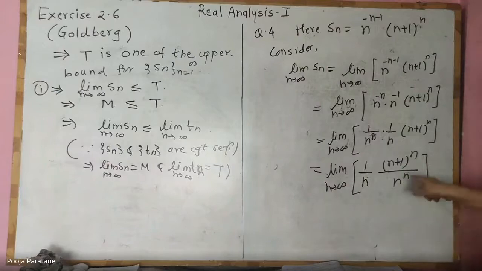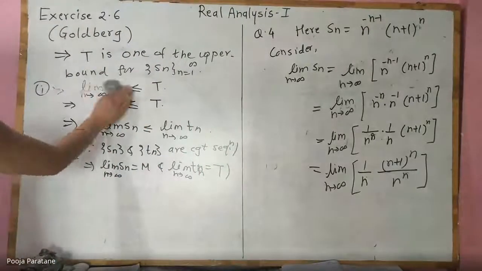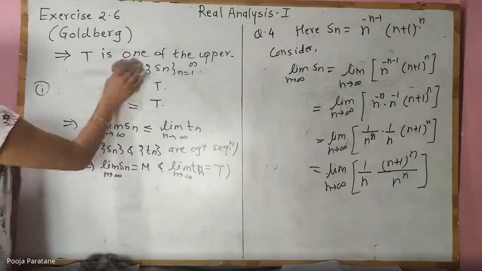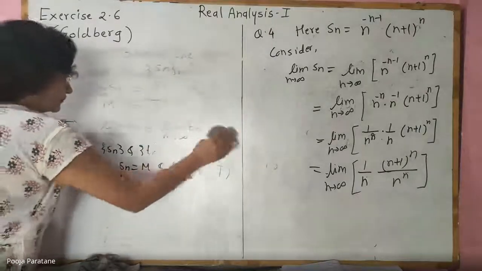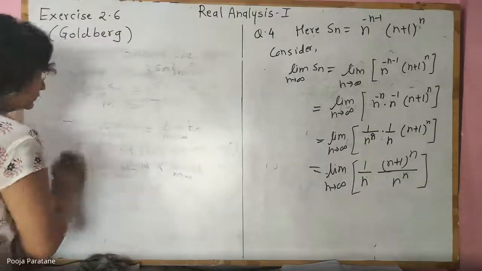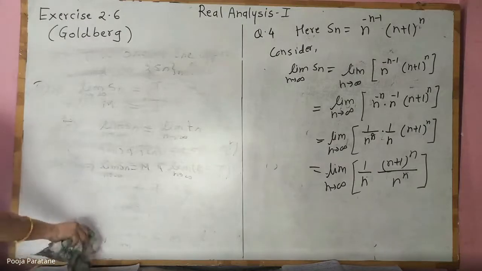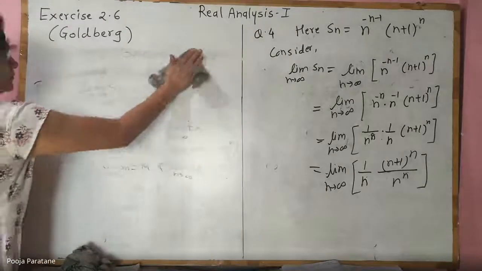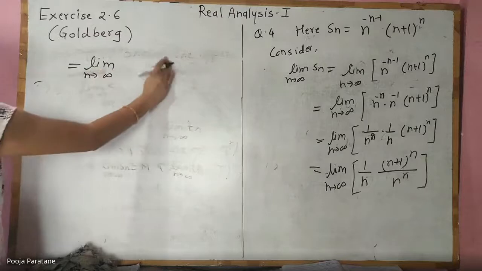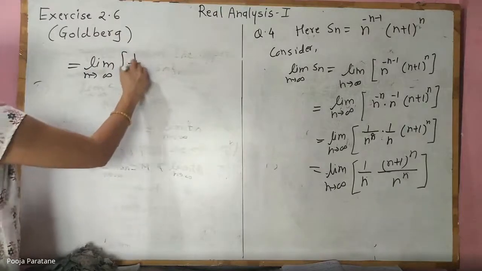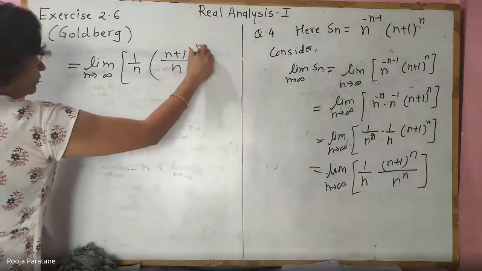Now we can write it in one bracket. So this is limit as n tends to infinity of 1 upon n, into the whole bracket of n plus 1 upon n raised to n.